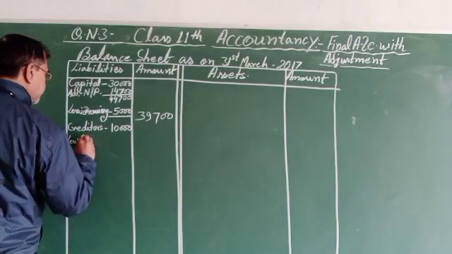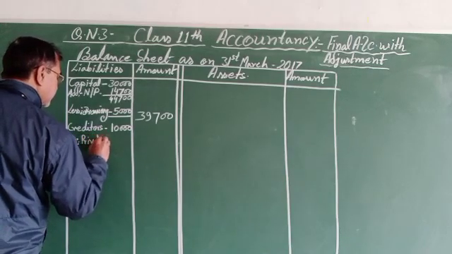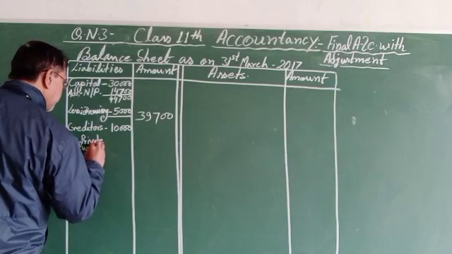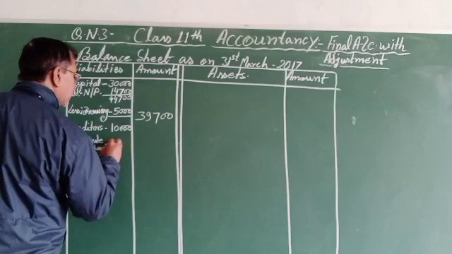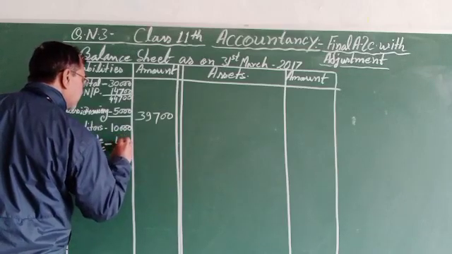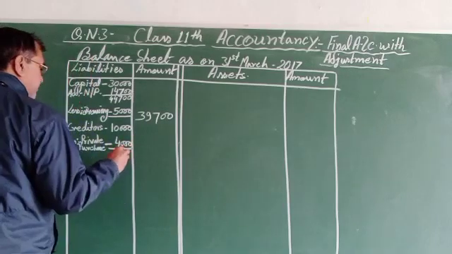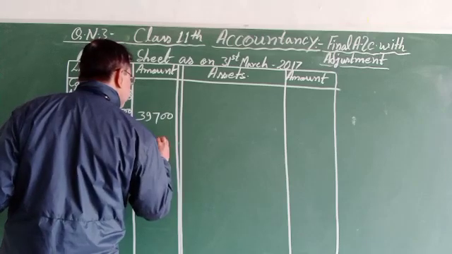Less private purchase, minus 4,000. That will be 6,000.